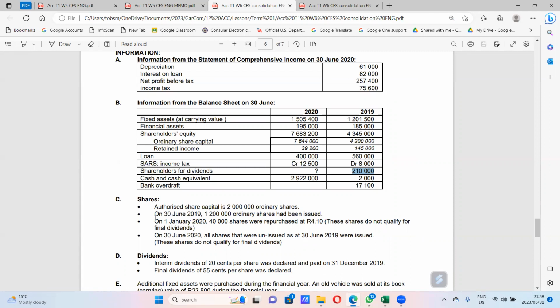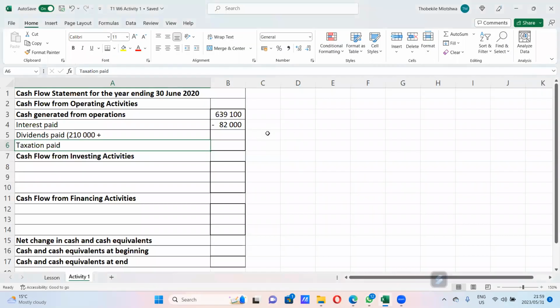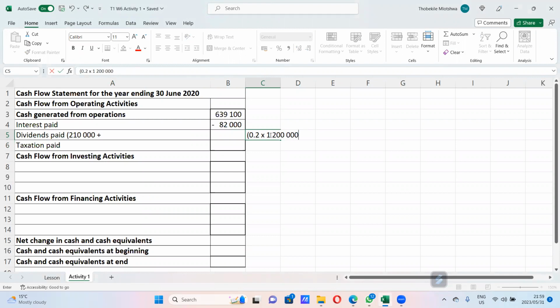The last thing that happened was before the repurchase of shares. There is a repurchase of shares because that is now 1 January. So before the repurchase of shares, let's use that. Before the repurchase, it was 1.2 million. So let's do that. It's going to be 20 cents, so 0.2 is 20 cents, times 1,200,000, if I'm not mistaken.